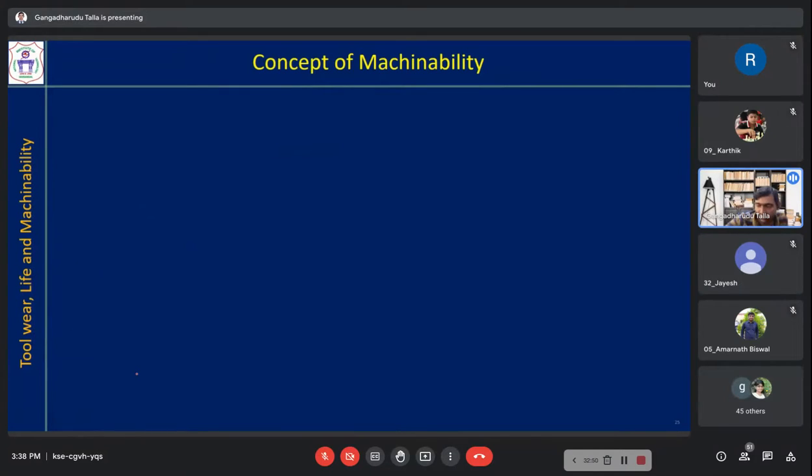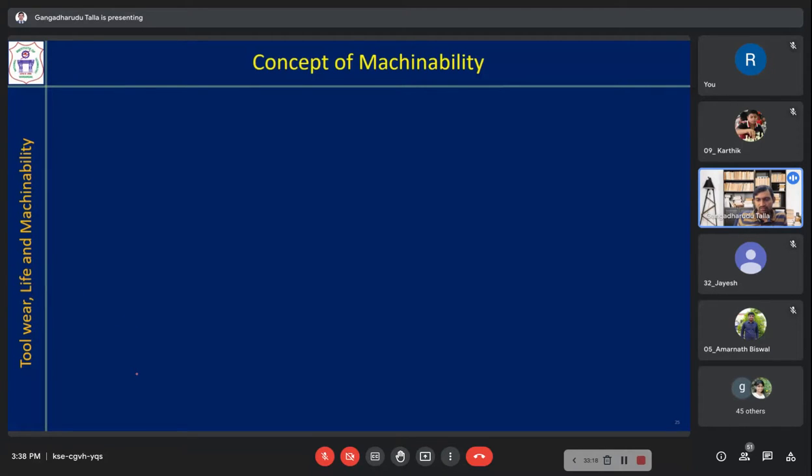Now, so far we have seen what tool wear is, what tool life is, and what the effect of tool geometry, that is rake angle and clearance angle, is on tool wear. Now let us see what machinability is. We say some material's machinability is good, and for some material machinability is not good.